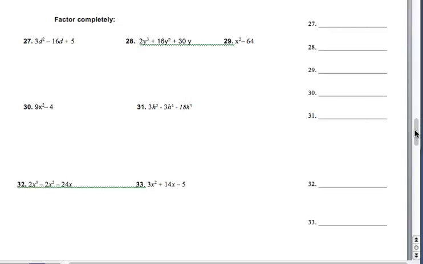So I have to set this up to get a 3d squared. Well, to get a 3d squared means I need 3d and d. That's the only way that I can get 3d squared.